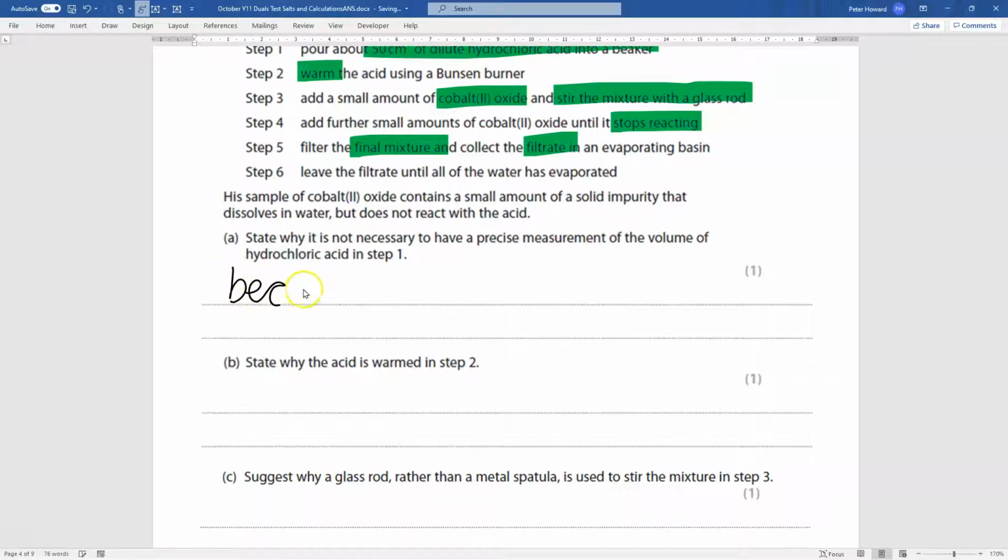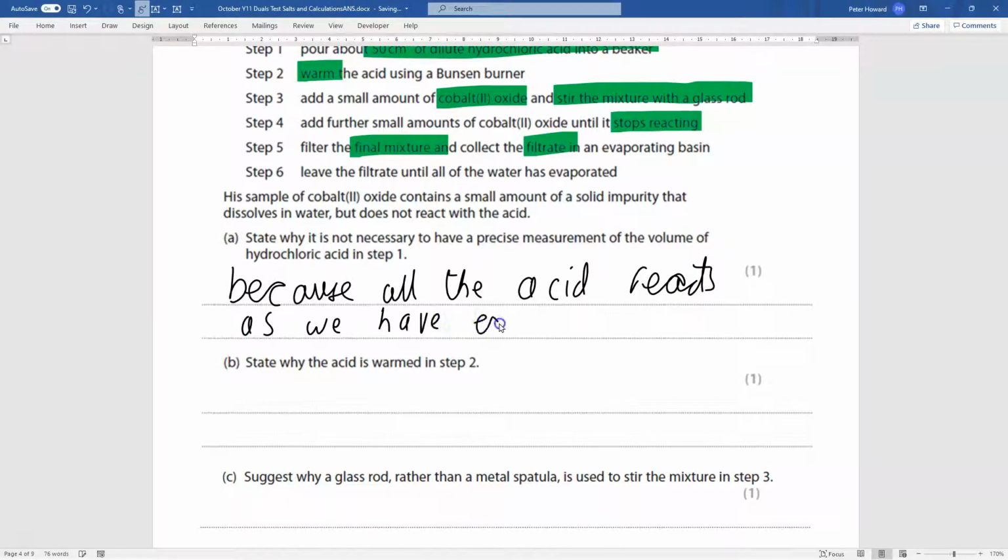Because all the acid reacts as we have excess cobalt oxide.